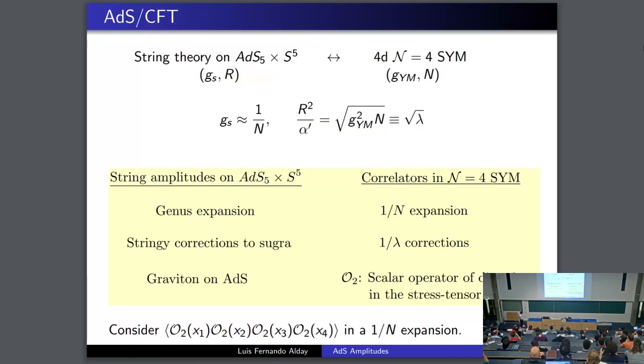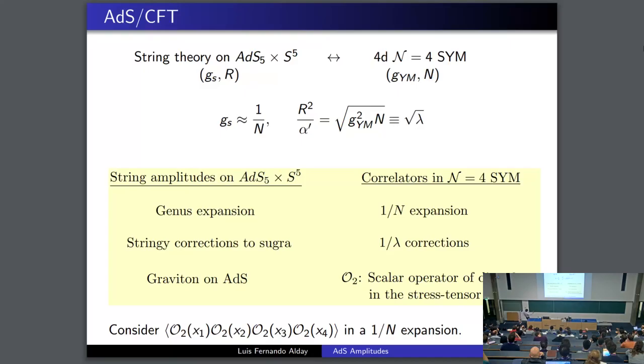On the right-hand side, we have the Yang-Mills coupling constant, g_YM, and N from the gauge group SU(N). The dictionary tells us that g_s is basically 1 over N, and the radius squared, in units of alpha prime, maps to the 't Hooft coupling, square root of lambda, which is this combination here.